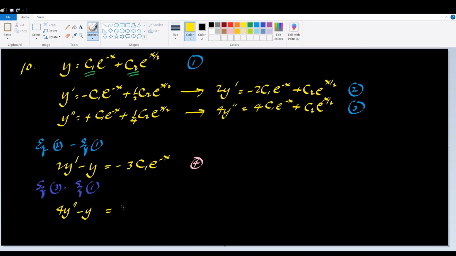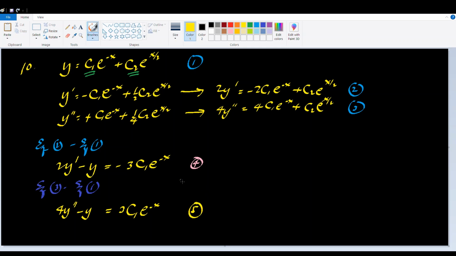That gives us 3c1 e to the minus x. And c2 e raised to x over 2 minus c2 e raised to x over 2 will vanish. Alright, so what do we have here? We have equation 5.